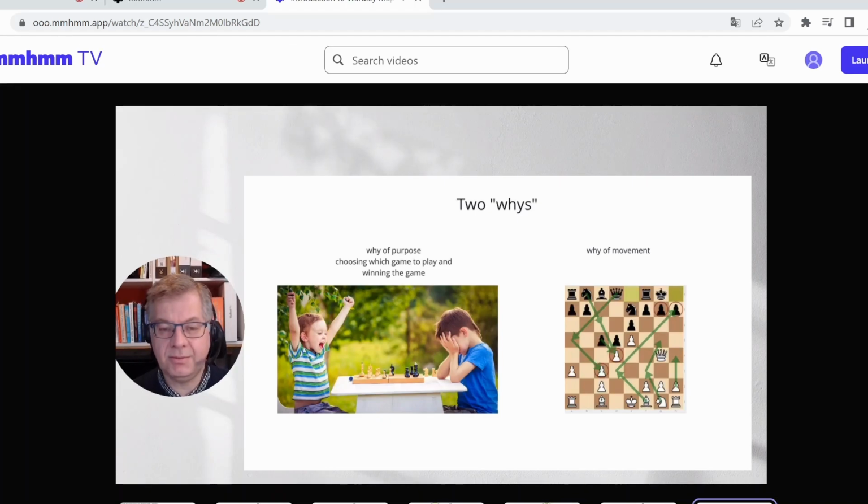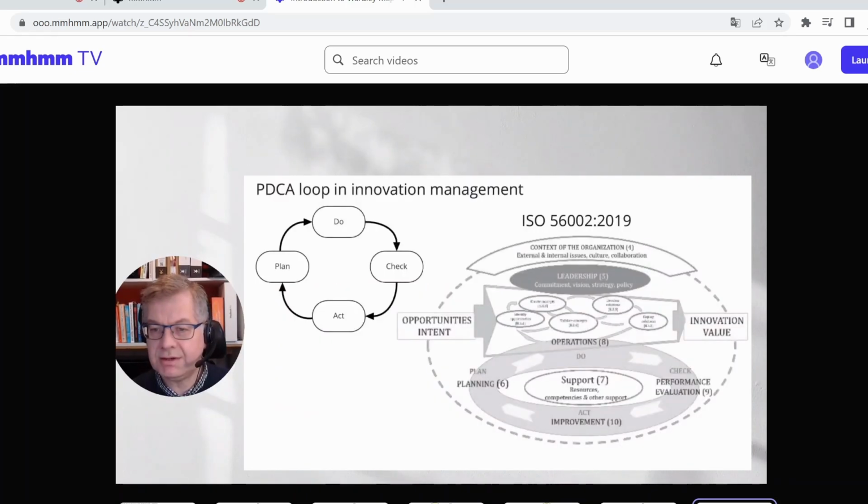So the decision of which game to play is of course done much less often, while the why of movement needs to be constantly re-evaluated. And also in innovation management you have a similar decision cycle in the ISO innovation management standard. It's called Plan, Do, Check, Act, but it's basically the same idea as the OODA loop.